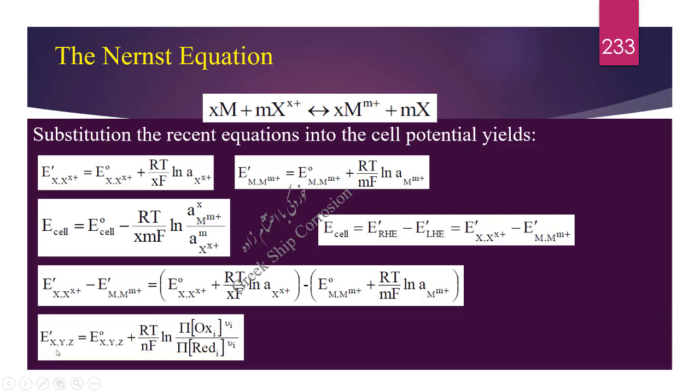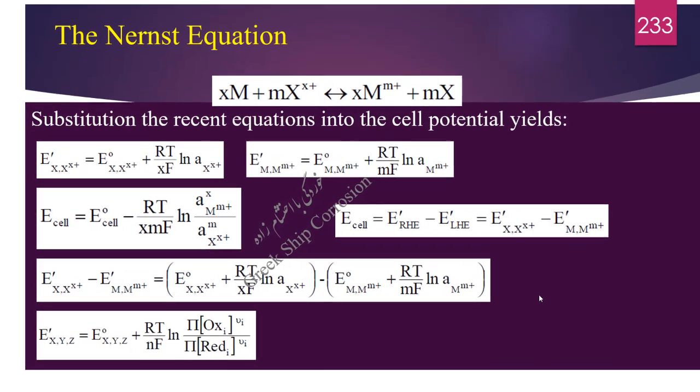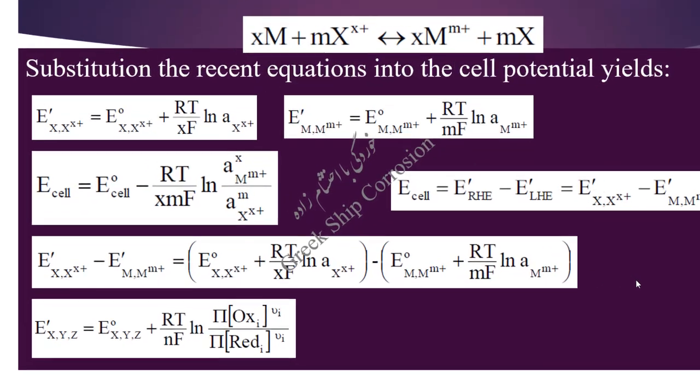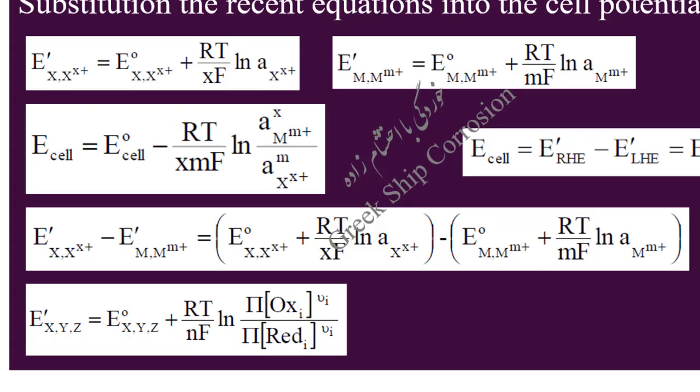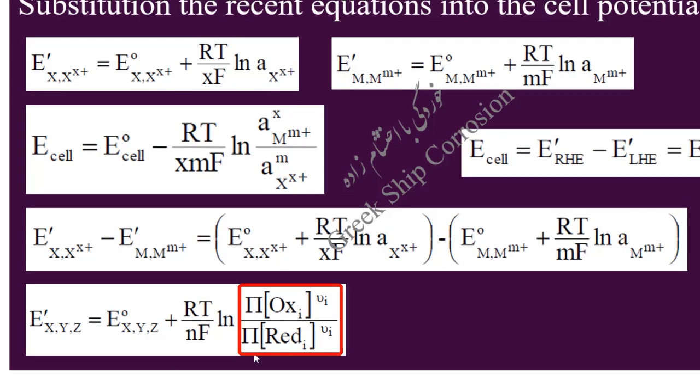Therefore, E prime XYZ equals E naught XYZ plus RT over nF ln, or natural logarithm, of the pi of the activities of the species in the oxidized side to the power of nu i over the pi of the activities of the species in the reduced side to the power of nu i.